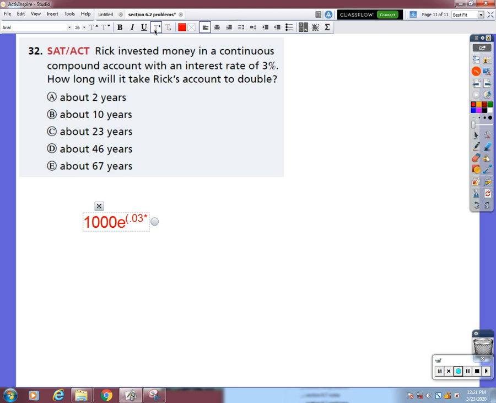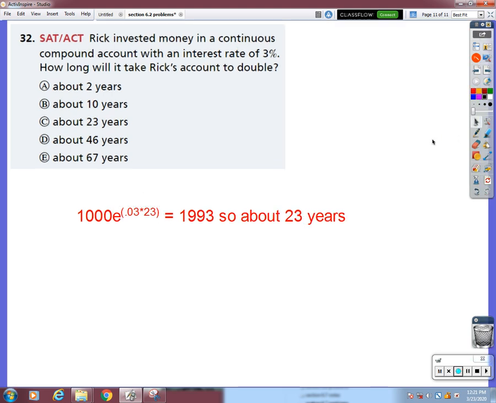That's way too much. So if I do this to the 23rd power, then I get 1,993, which is about twice as much, so that would be about 23 years to double.